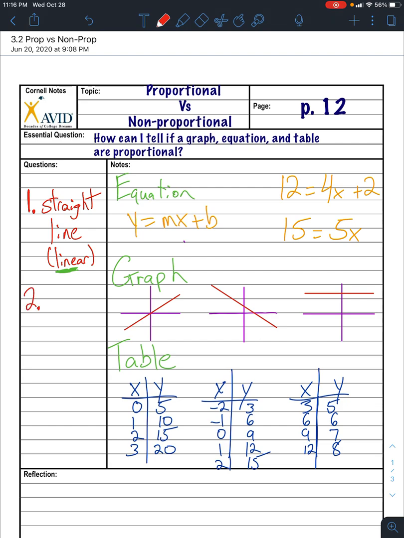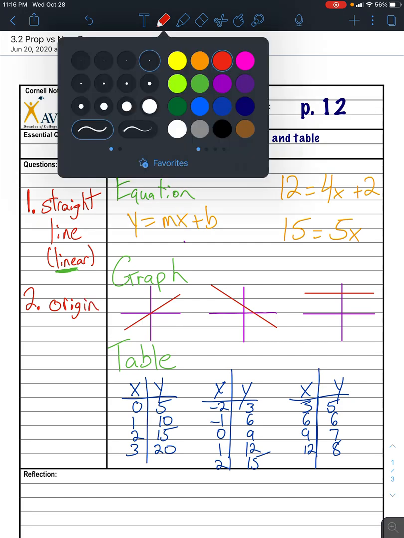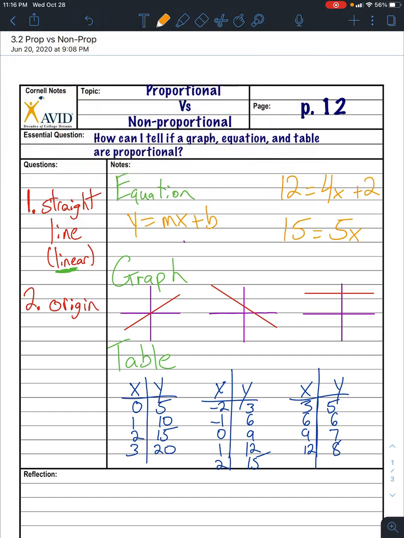And number two, we need it to go through the origin. And what that means is the straight line is going to pass through the point 0, 0, right? Or the center of the graph. The other thing it means is that my y-intercept, or my b, has to equal 0.